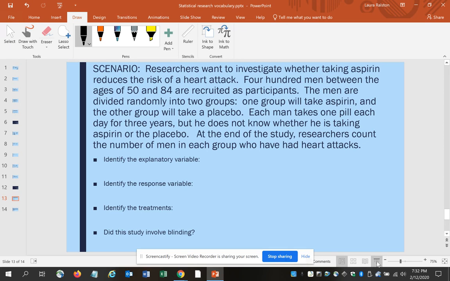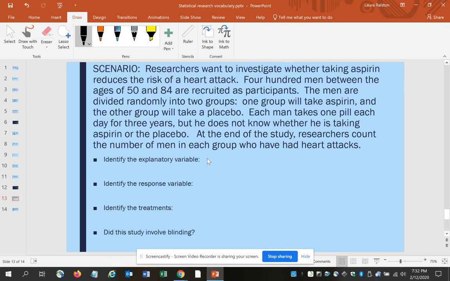At the end of the study, researchers count the number of men in each group who have had heart attacks. Okay, so the first question is to identify the explanatory variable, the independent variable. The question here is, does taking aspirin reduce the risk of a heart attack?